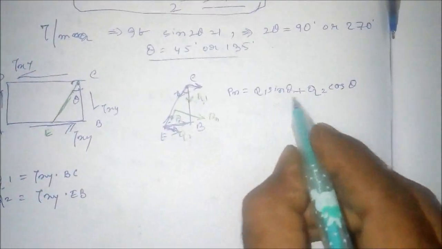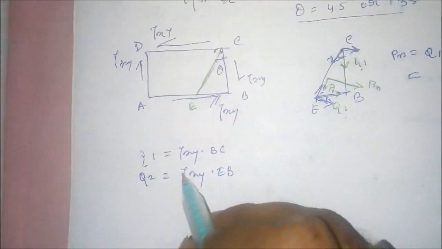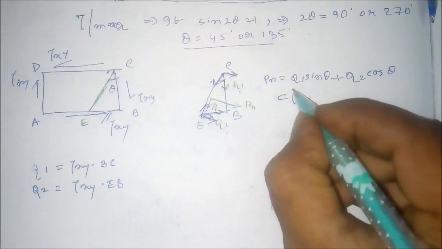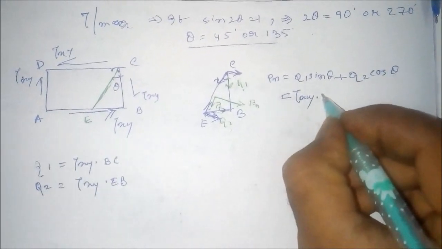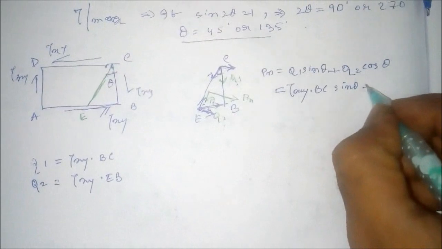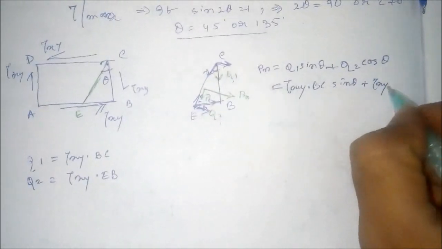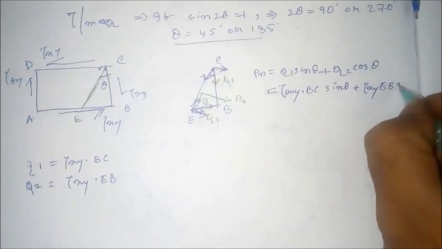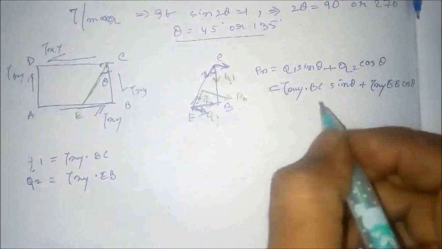Now putting the values of Q1 and Q2, we get tau xy multiplied by BC sin theta plus tau xy EB cos theta, right?